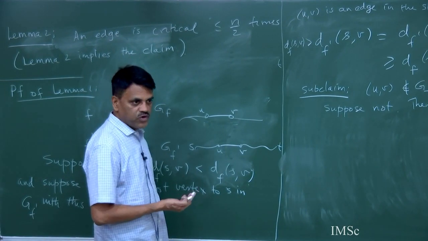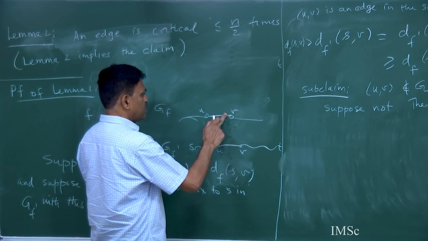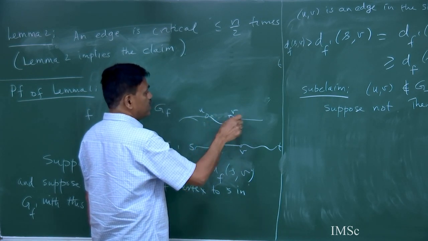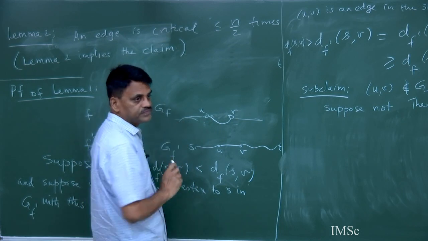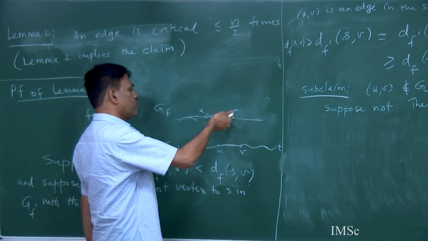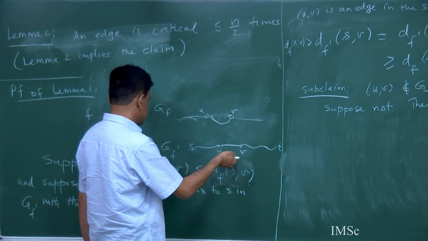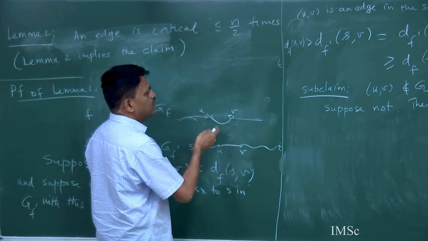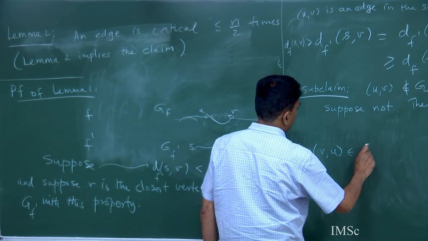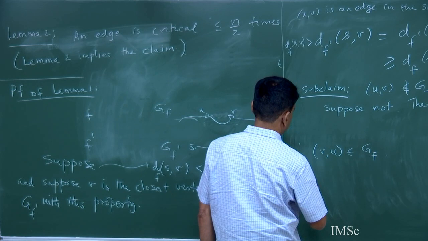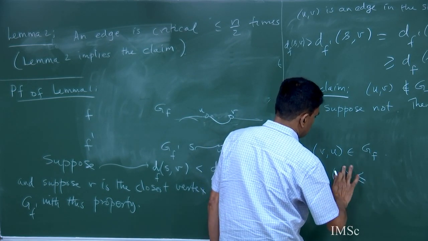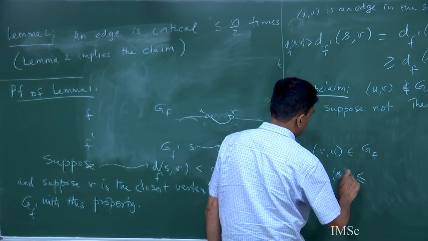We discussed this before: the edge VU was definitely in the shortest augmenting path in GF, because if UV was saturated before and now has made it into GF prime, therefore VU is in GF, therefore df SV is less than or equal to df SU. Okay, I could have omitted S also.